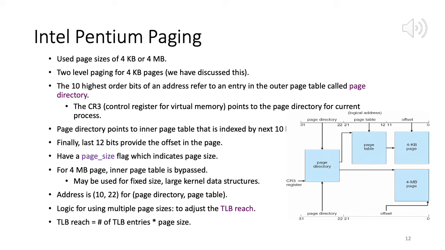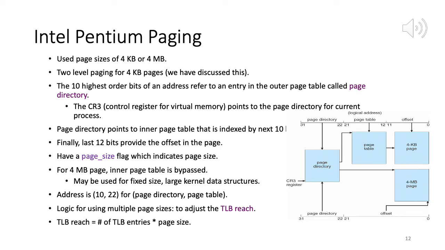So the first thing we note is that this Intel Pentium architecture used pages of two different sizes. So one thing we need to discuss: what is the ideal page size?